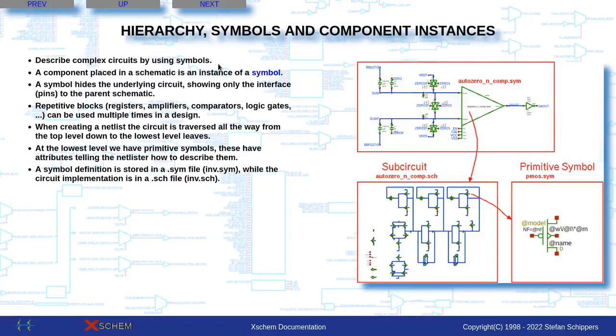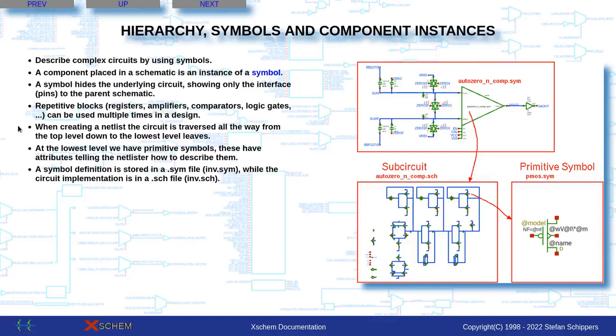Next, let's describe hierarchy. In VLSI design you usually describe complex circuits by using symbols. A symbol hides the underlying circuit and shows only the interface to the parent schematic. Multiple blocks like resistors, amplifiers, logic gates, whatever, can be used multiple times in a design.